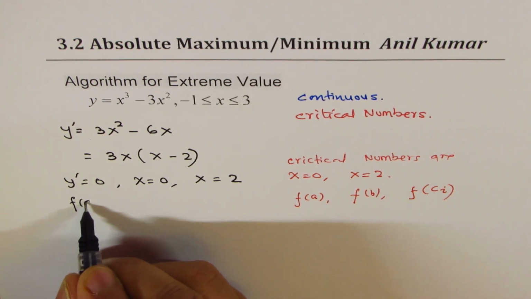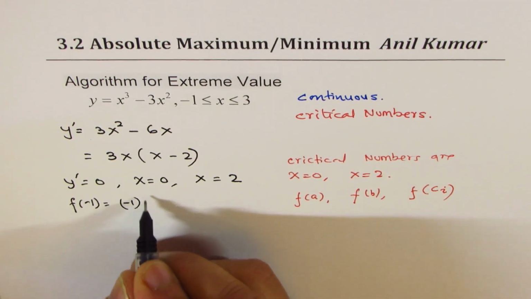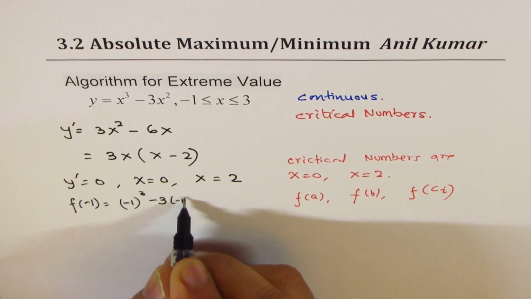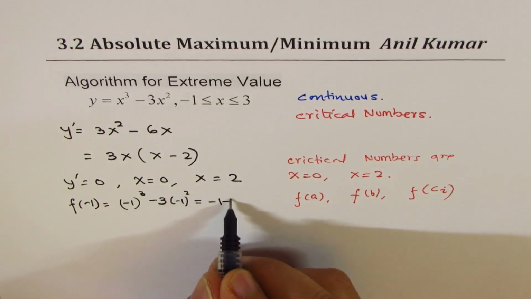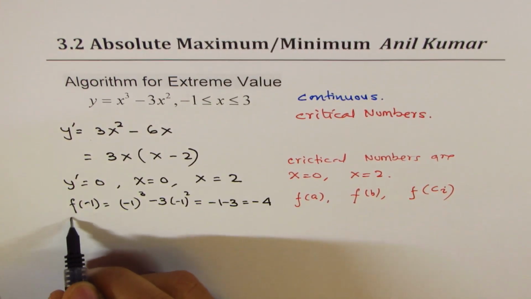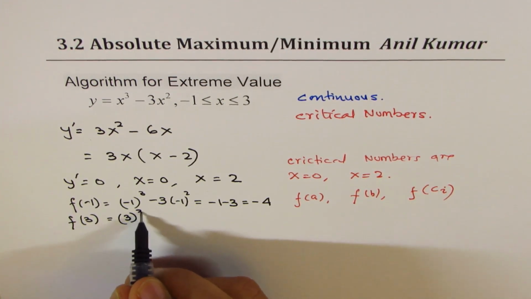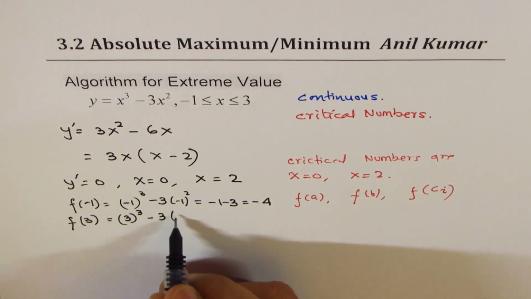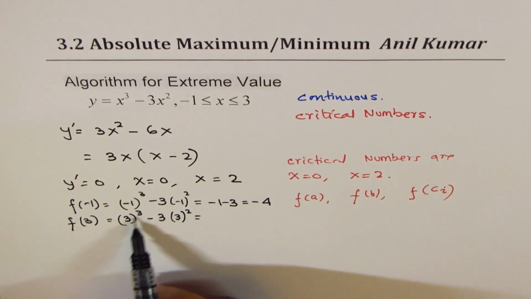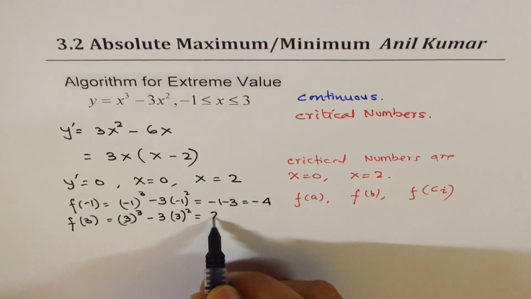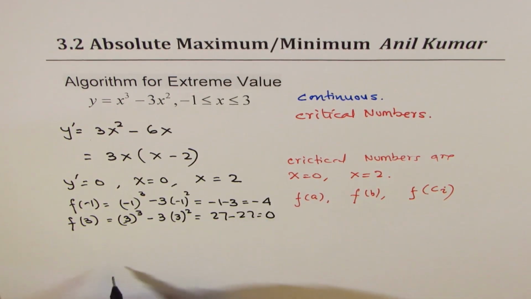So f of a is f of -1. Substitute -1: -1 cubed minus 3 times -1 squared, and that gives you -1 and -3, so you get -4 here. Find f of 3, which is the other limit: 3 cubed minus 3 times 3 squared. 3 cubed is 27, minus 27, that gives you 0.